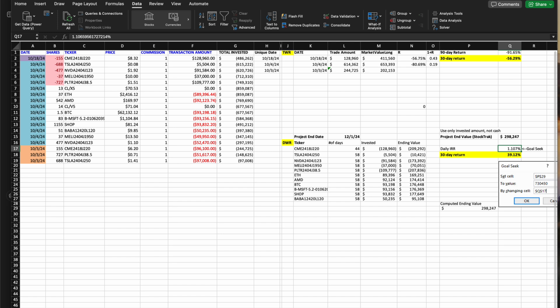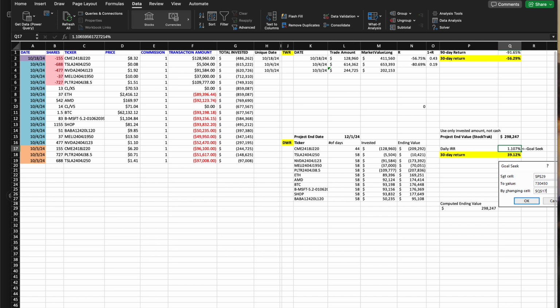As far as the percentage for the 30-day return regarding DWR, you essentially take the same formula you applied above: 1 plus Q1 to the power of 1/3 minus 1. And that gives us 39.12%, which is yikes.